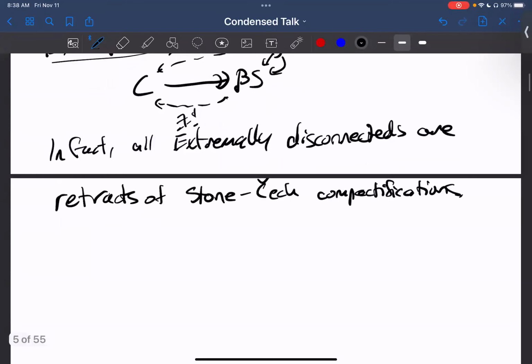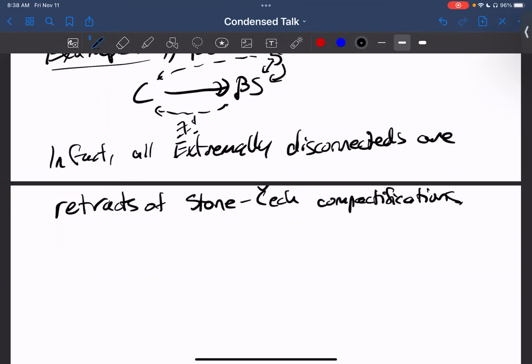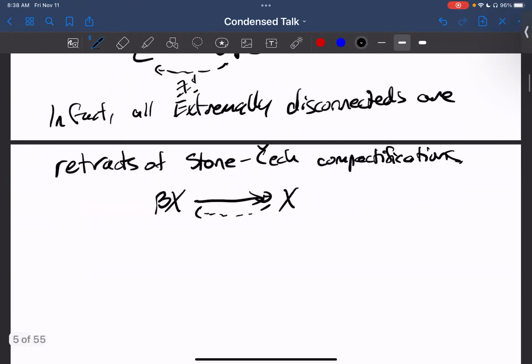This is just since if you have some extremely disconnected set, call it X here, then you can take X as the underlying set, and then you take the Stone-Čech compactification of that, and this has a natural surjection this way. And since X is extremely disconnected, this splits. Okay.